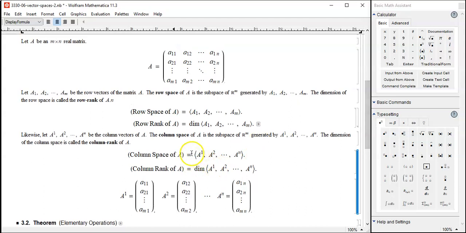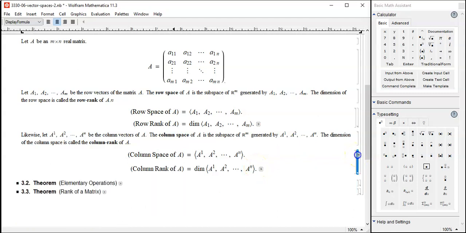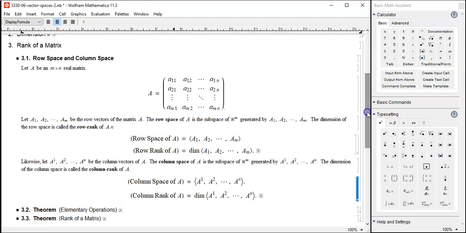And then the subspace generated by these column vectors A1, A2, A3 is called the column space. And the dimension of the column space is called column rank. The thing is, the column space and row space, column rank and row rank are the same. And that's what we want to prove here.